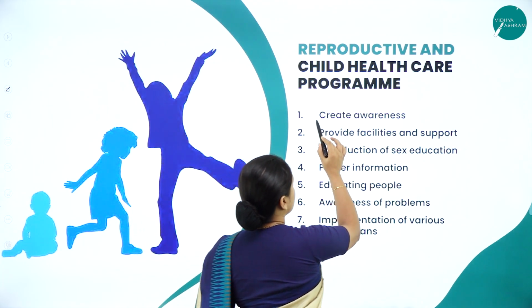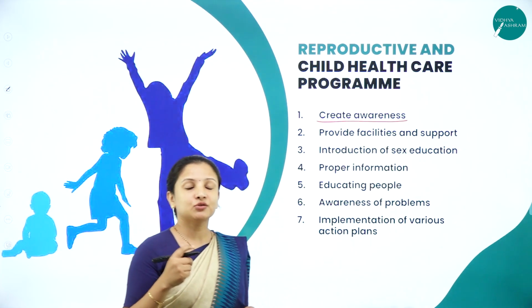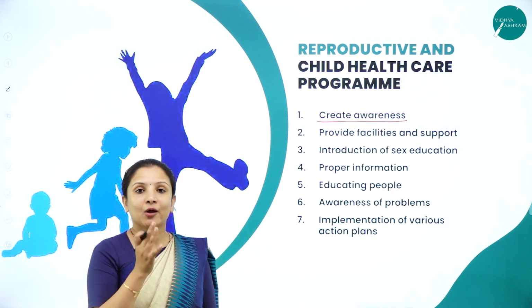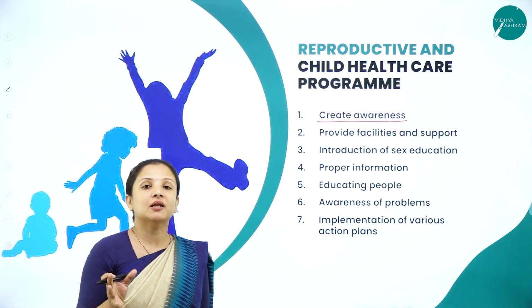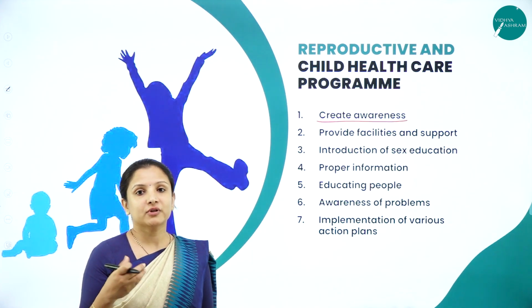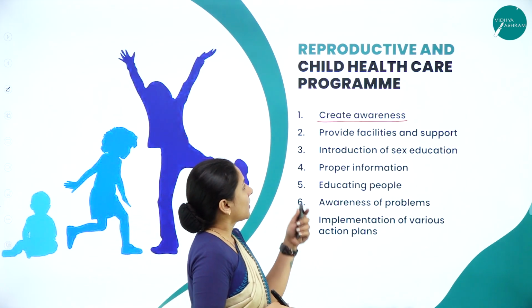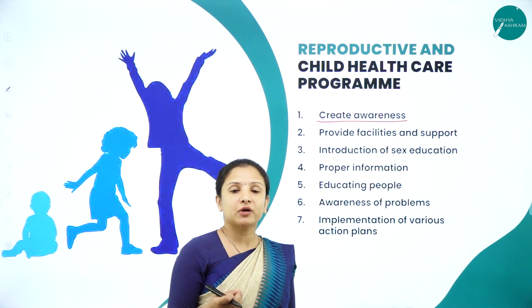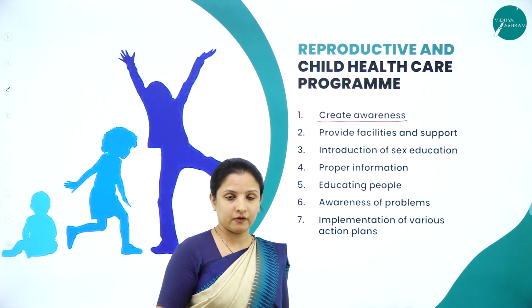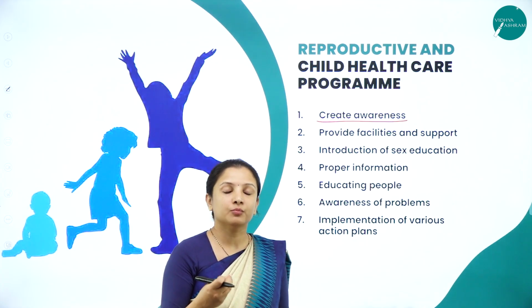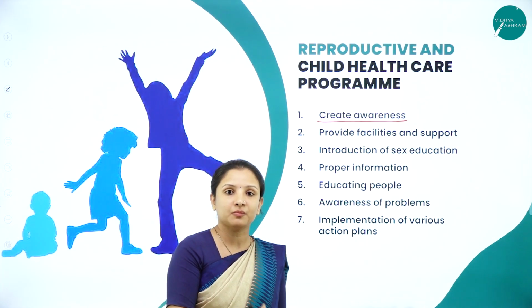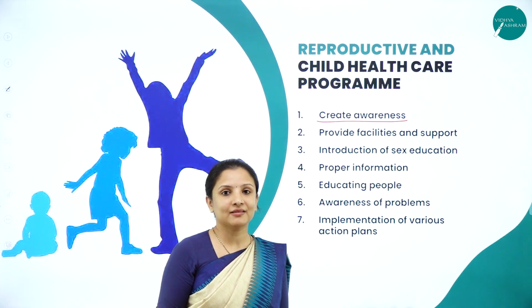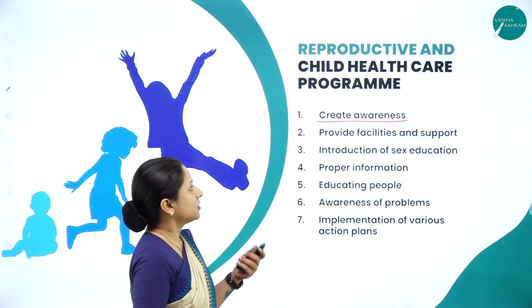One of the main objectives was to create awareness, that is, to educate people on why reproductive health is very important, why a woman should maintain a certain period of gap before conceiving another child, what the ill effects are, what the different reproductive health issues are that can come to a woman, and how proper hygiene and proper medical treatment can be given so that reproductive health can be maintained.